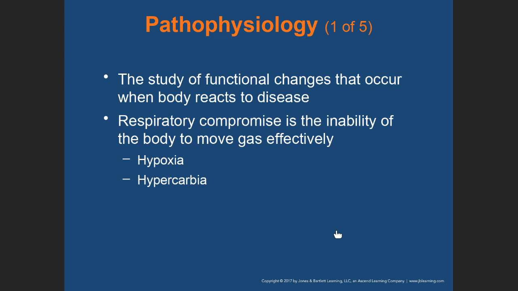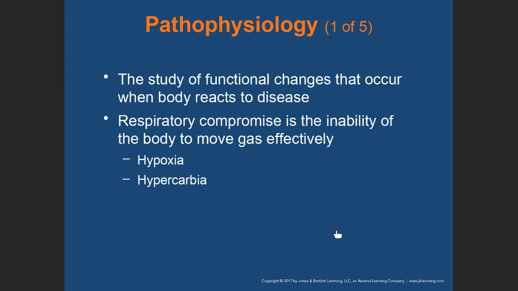Respiratory compromise is the inability of the body to move gas effectively. When we covered the respiratory system, we looked at gas exchange, which is respiration. If the body is not able to move gas effectively, there will be a depletion of oxygen and an increase in carbon dioxide.